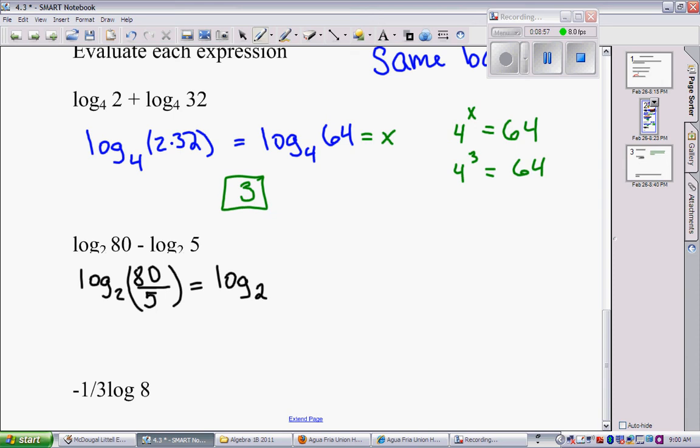So log base 2 of 16. Set it equal to x. Convert it to the exponent. 2 to the x equals 16. 2 to what power gives you 16? To the 4th power. So our answer is 4.